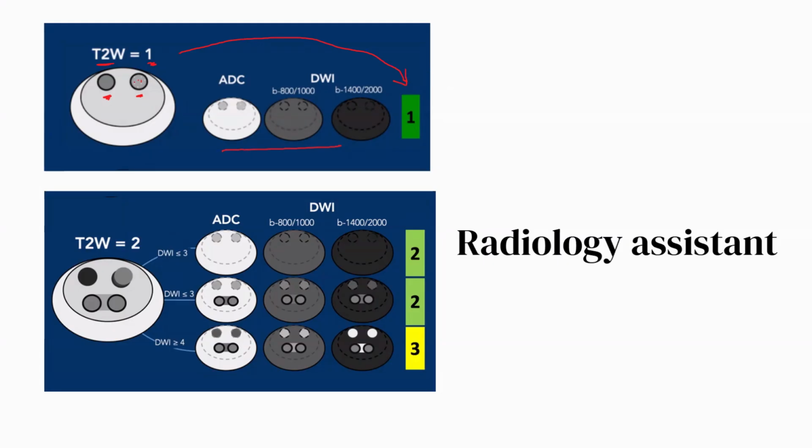If we have this lesion or nodule without any margin, if it is partially encapsulated, or the intervening tissue in between is hypointense as compared to the background of the transition zone, we have T2 score 2. According to the diffusion, if it is less than or equal to 3, we have PIRADS 2. If it is more than or equal to 4, according to the diffusion score, PIRADS 3.